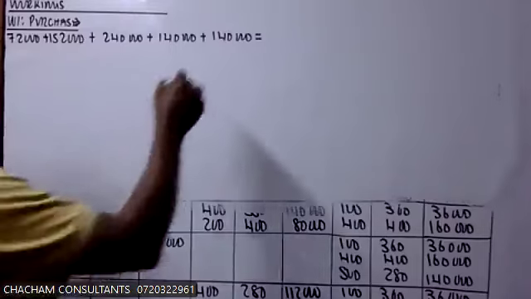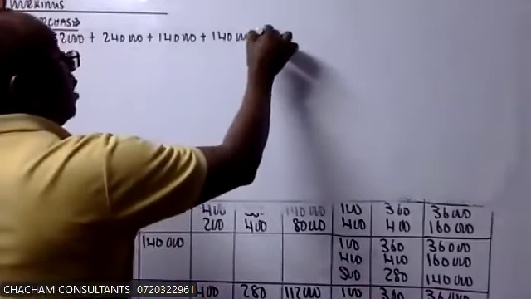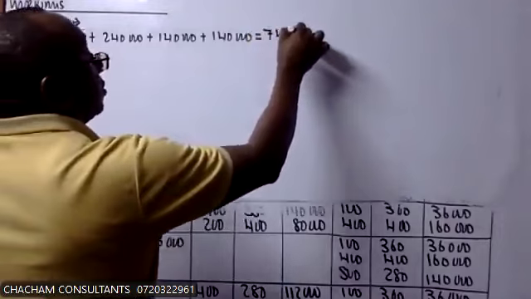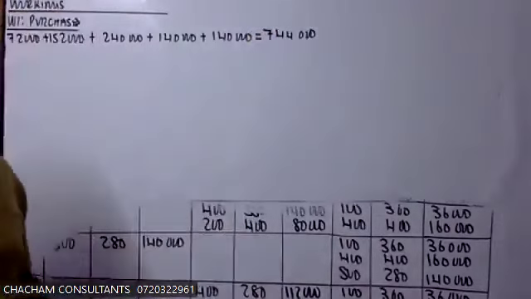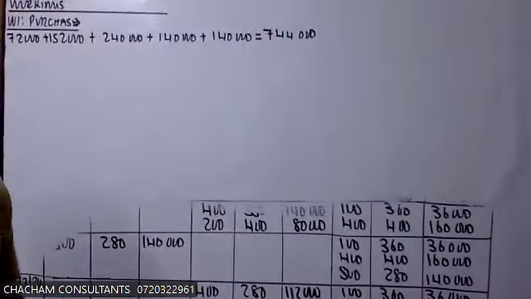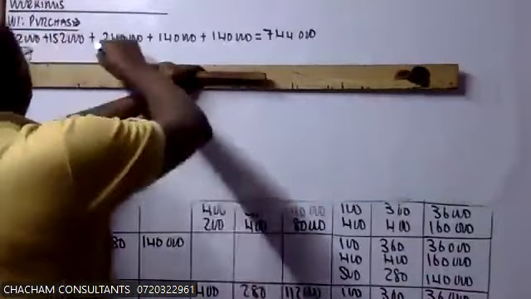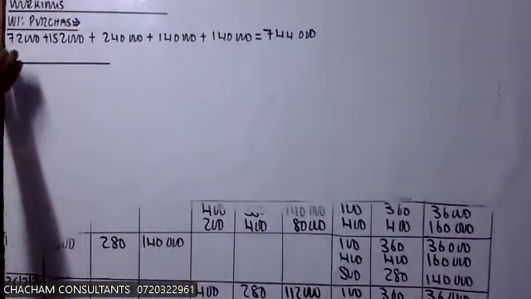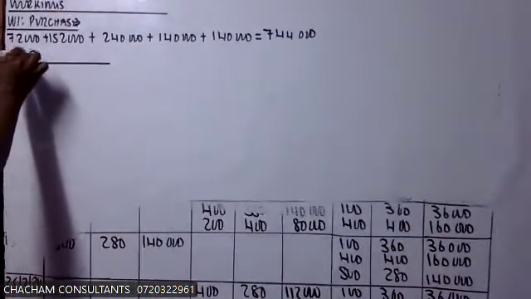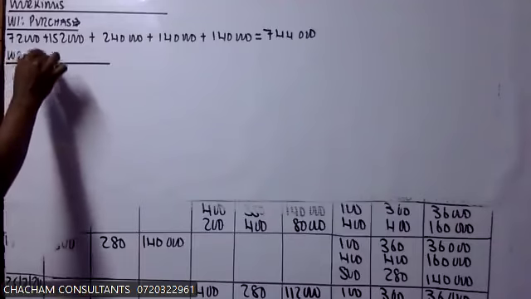744,000. Someone else to confirm? Yeah, good, confirmed. The next working that you require, working 2, is sales.